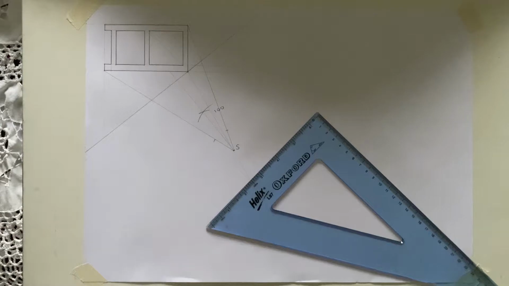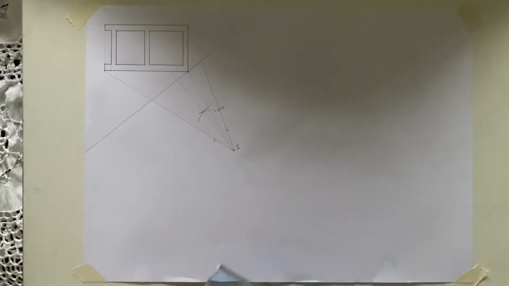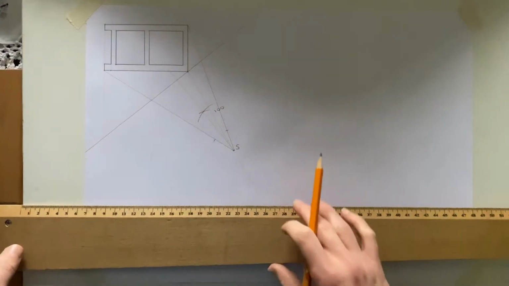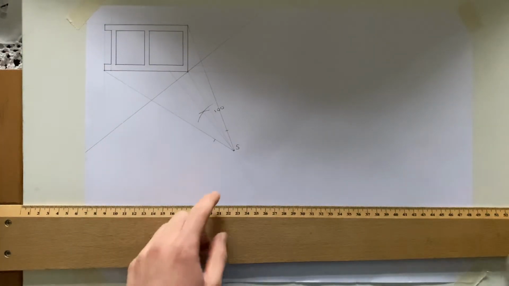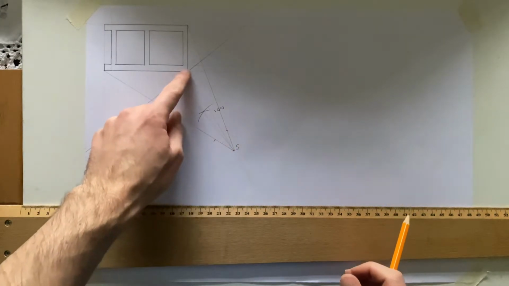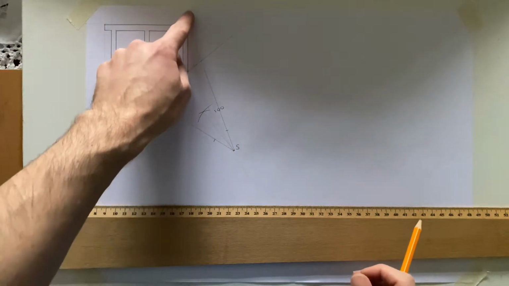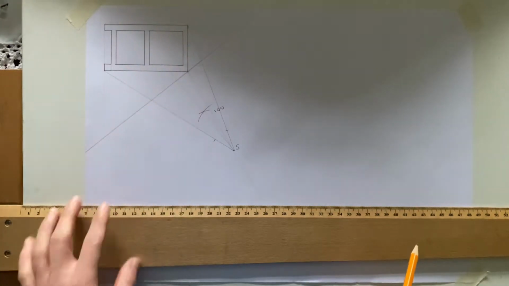Now to find my vanishing points. My vanishing points are found by taking a line from S that's parallel to the extreme sides there and there.